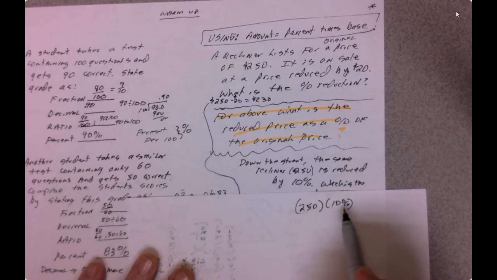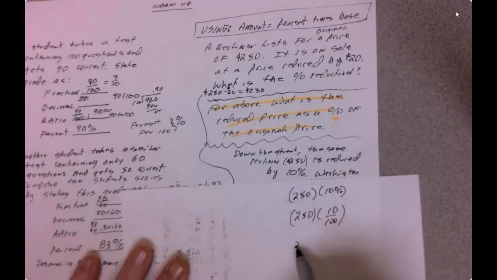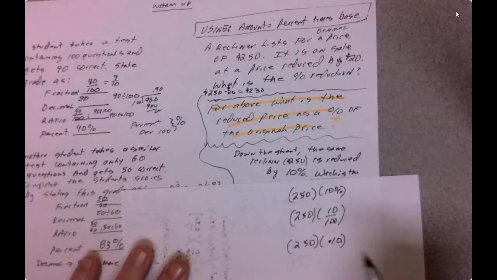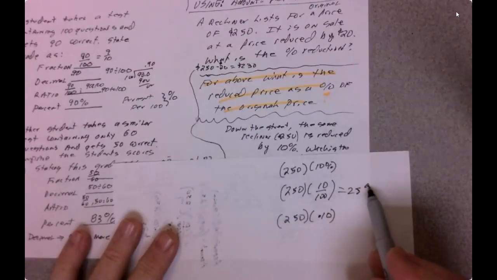Now, one of the things that we need to discuss is that when you multiply or divide percents, you must convert them either to a fraction or a decimal. So this calculation could either be done this way, or it could be done this way. Okay, so either way you do it, you're going to get $25.